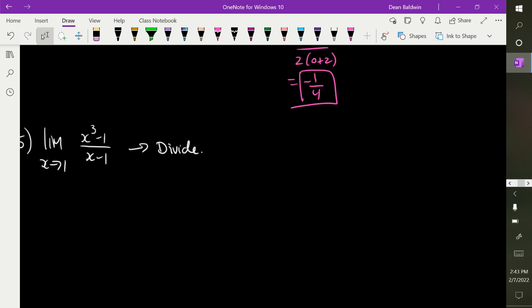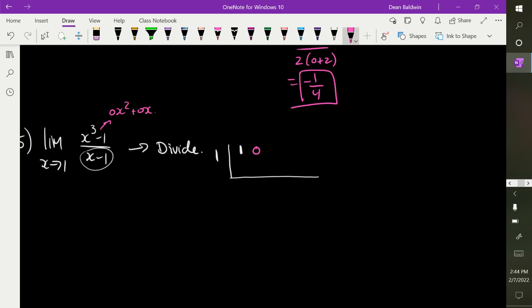So we can divide this. If we do synthetic division, if you remember synthetic division, what makes the denominator equal to 0? 1 would be our a value, it goes on the outside. Inside, we put the coefficients, but remember, we have to have placeholders. So we need a 0x squared and a 0x.